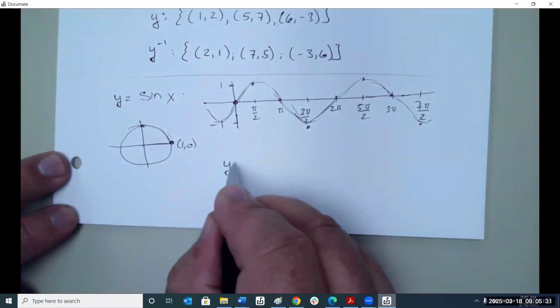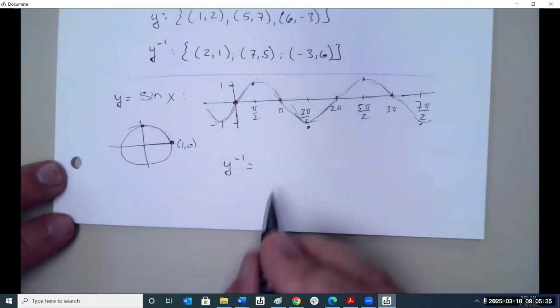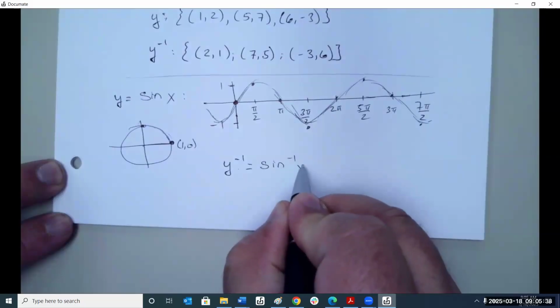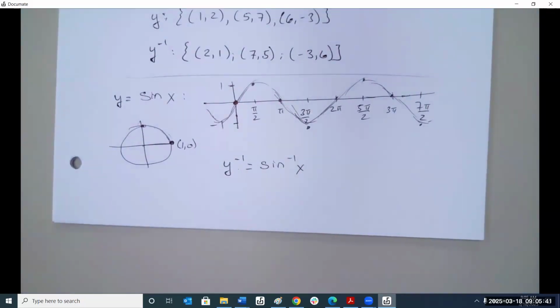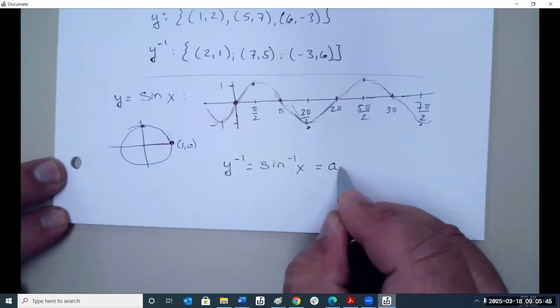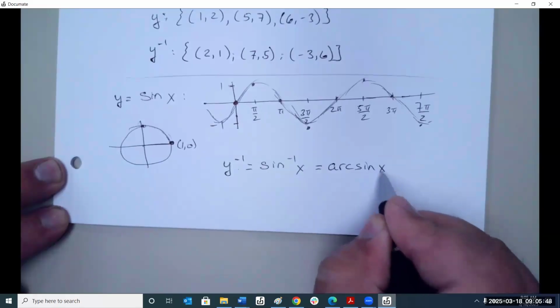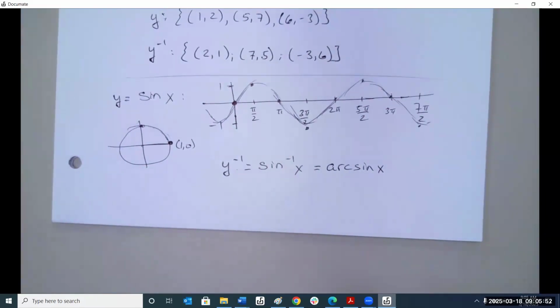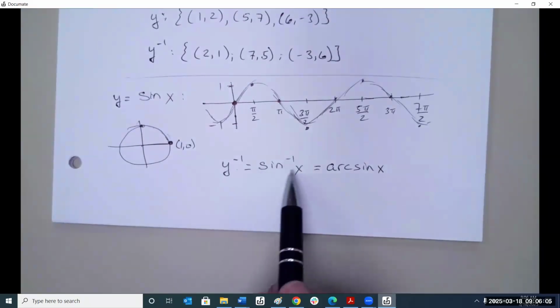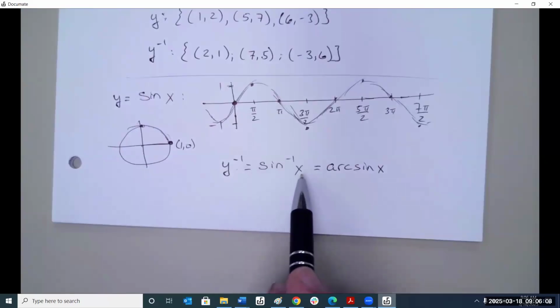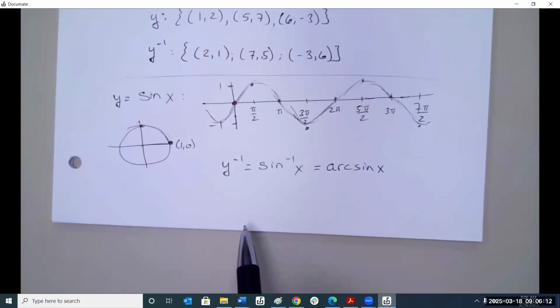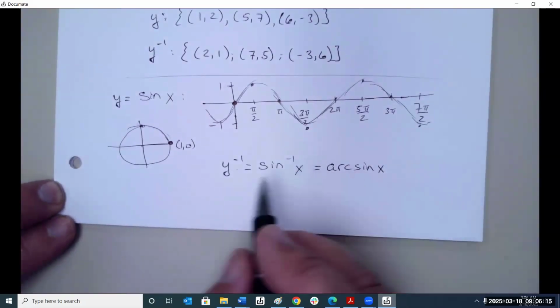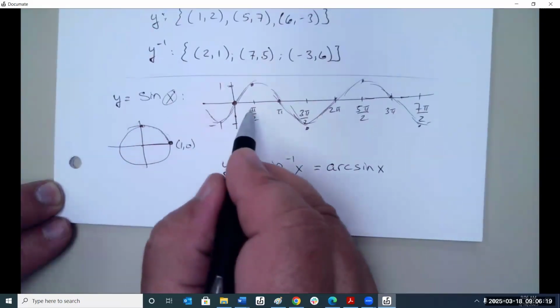When we talk about the inverse of trig functions, we can also call them arcs. So sometimes you'll see it as arc sine, and sometimes you'll see it with a -1 exponent. Now, when we're dealing with the inverse trig functions, up here we put the angle pi over 2.